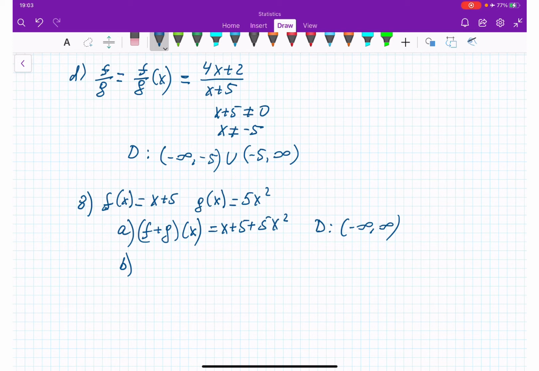Next, b. f minus g of x. So f is x plus 5. You have to be careful. Since you have f minus g, first you have to put f, and then put minus 5x squared. While for addition it doesn't matter, for subtraction, yes, it does matter, absolutely.